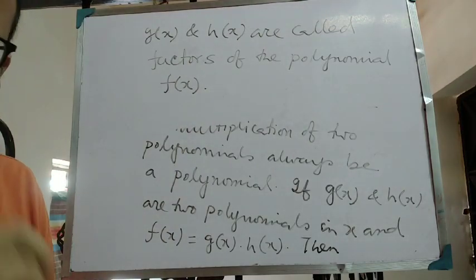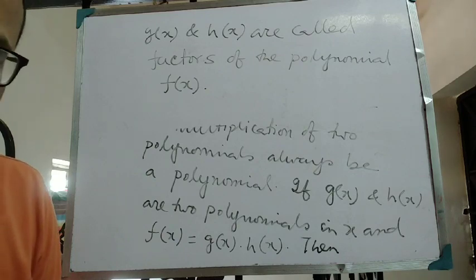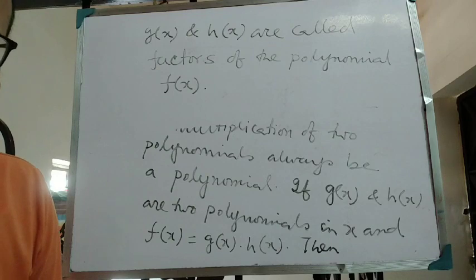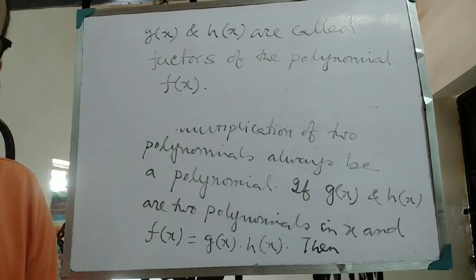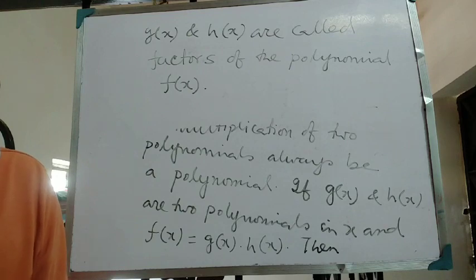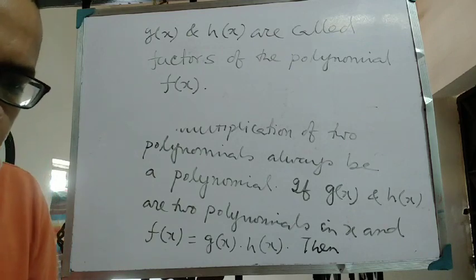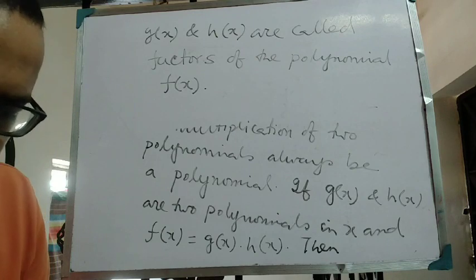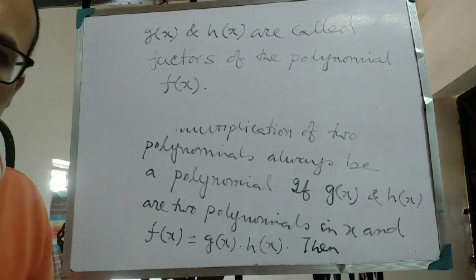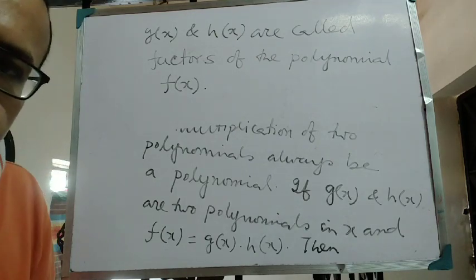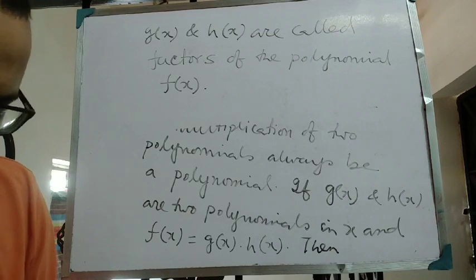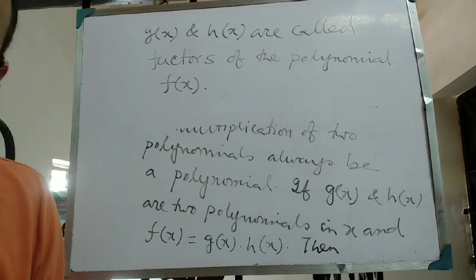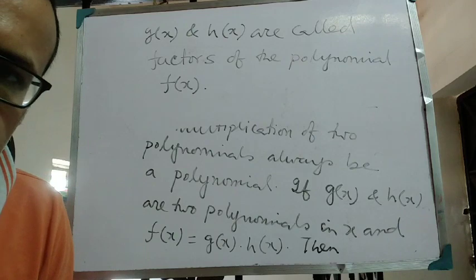But remember one thing, I have not said what about the division of two polynomials. You cannot say the division of two polynomials is always a polynomial. You know 0 is a polynomial whose degree is undefined.